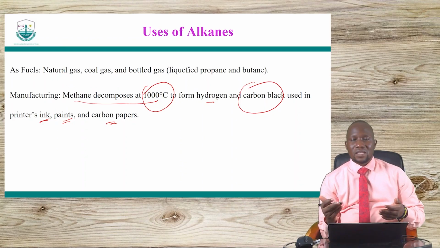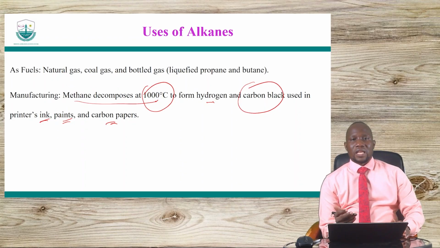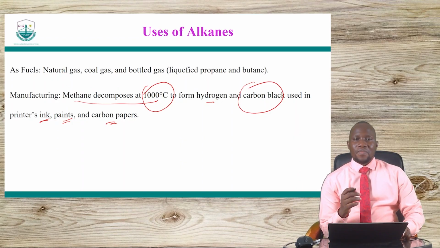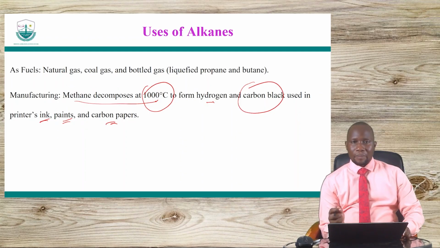There can be several alkanes depending on the number of carbon atoms that they have. Okay, they can also be long chains, straight, or they can be branched, and this gives us issues to do with how to name them.